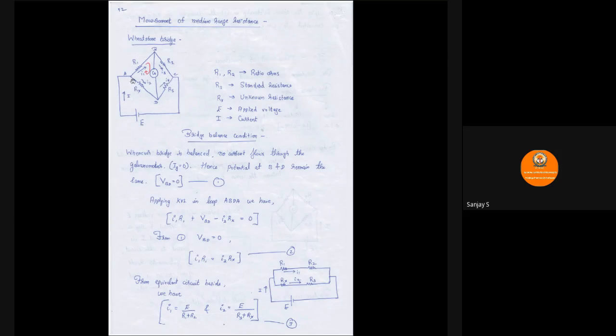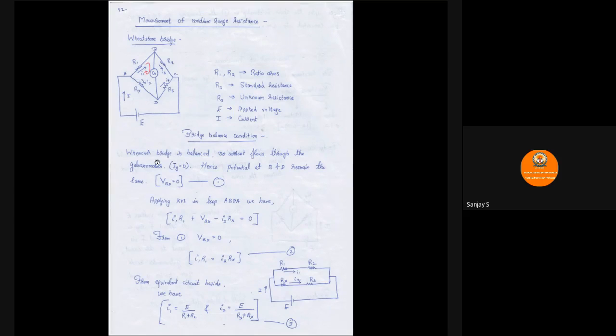So you are having I1, I2, I3 and I4. Now let us derive the bridge balance condition. We already said that the bridge is said to be balanced when the current flowing through the galvanometer is 0. So we'll have to derive a condition for that.